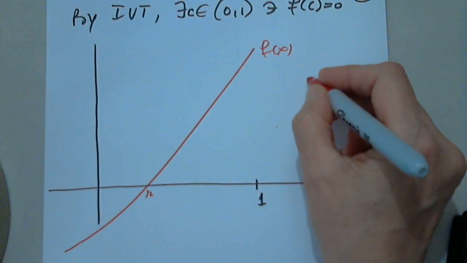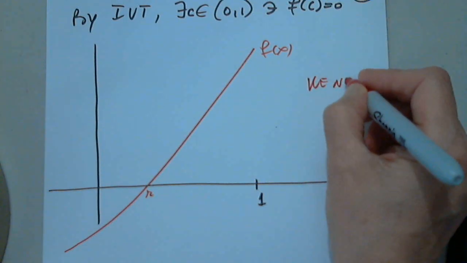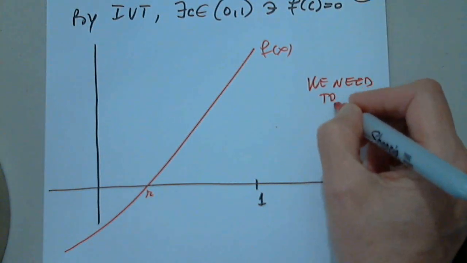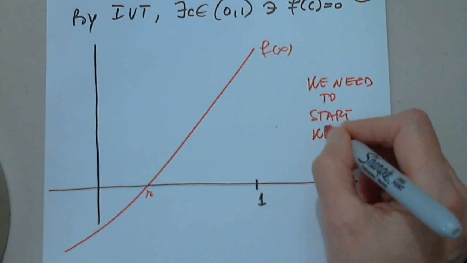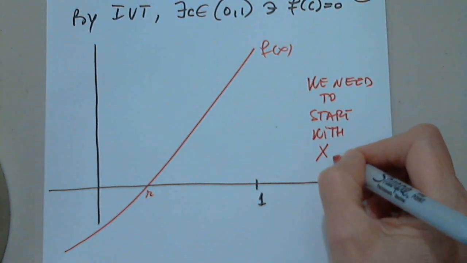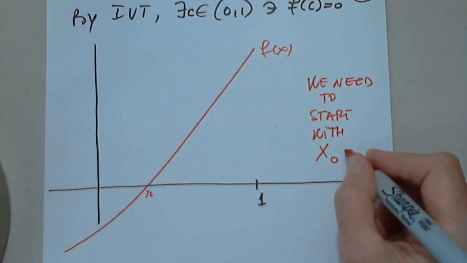We need to start with x sub 0, the initial value.